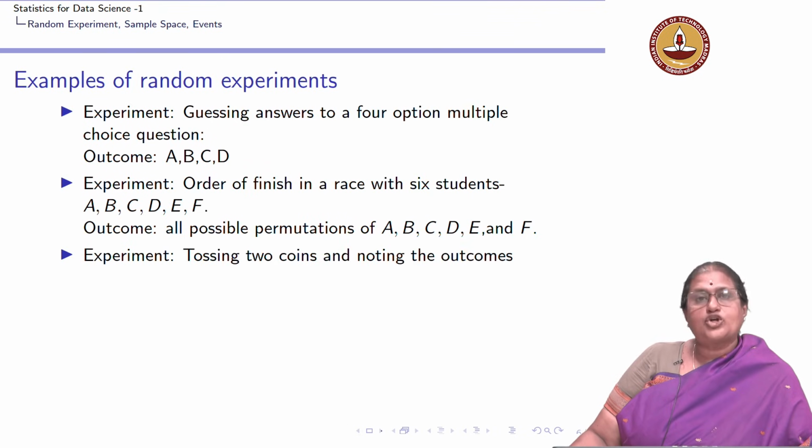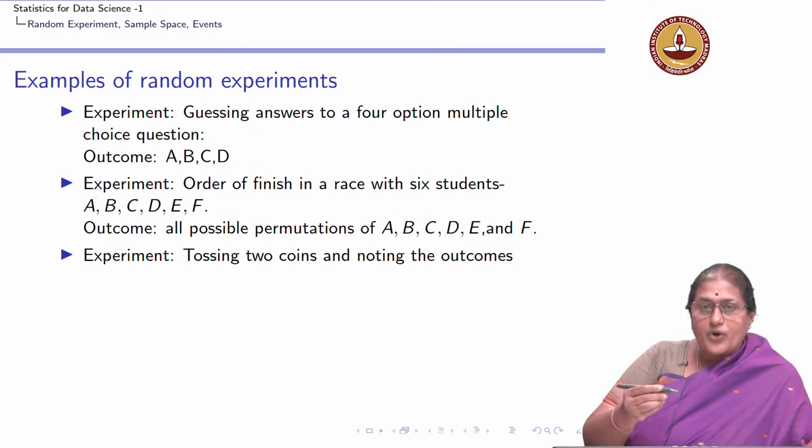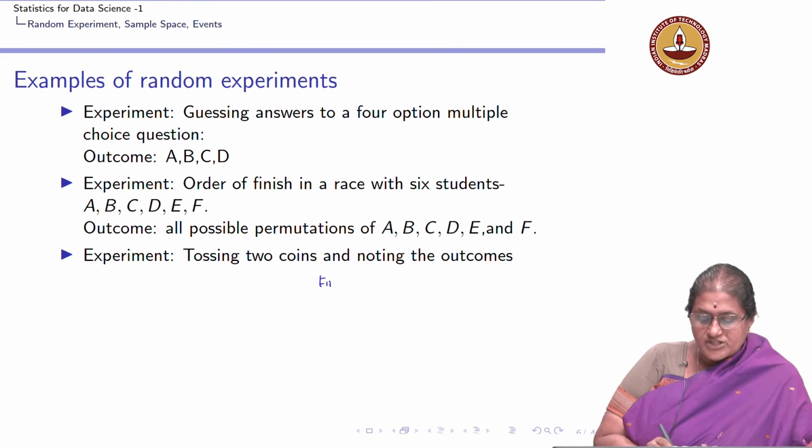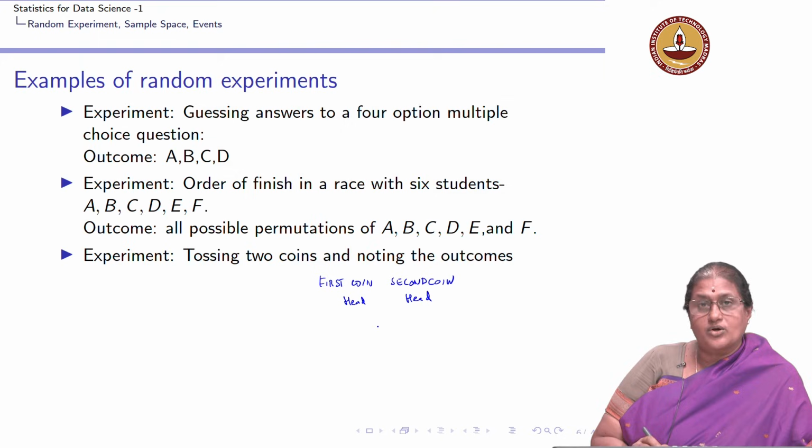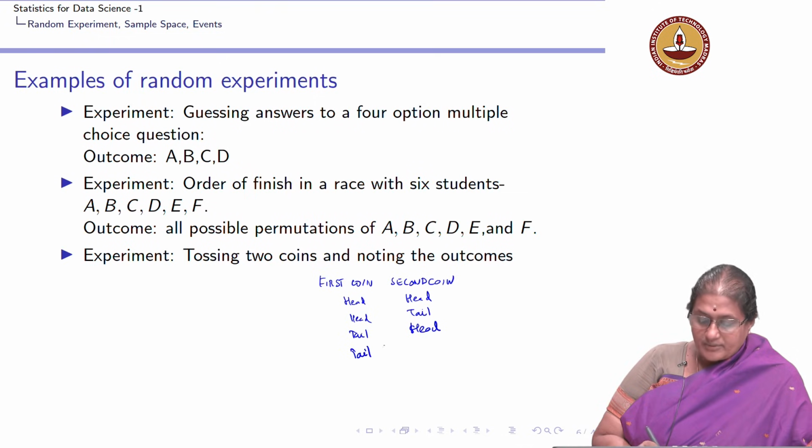Now, suppose I toss 2 coins. So, what are the possible outcomes? I have my first coin, and I have my second coin. The possible outcomes are: a head on my first coin and a head on my second coin; a head on the first coin and a tail on my second coin; a tail on my first coin and a head on my second coin; a tail on my first coin and a tail on the second coin.